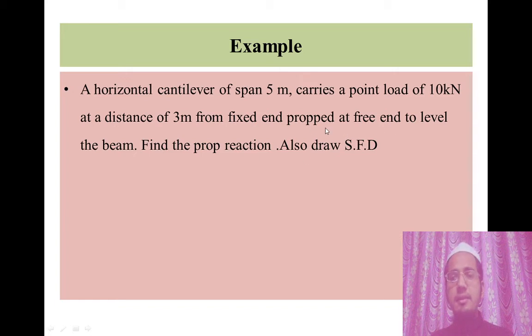At the free end there is a propped support or extra support provided, which is at the level of the beam. Find the prop reaction. First of all, we have to find the prop reaction. We have already solved this in the previous numerical. And one more thing in this numerical is that we also have to draw the shear force diagram.